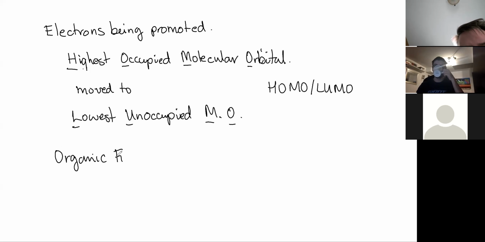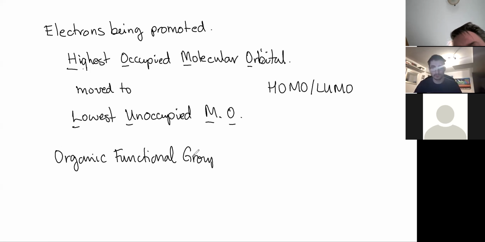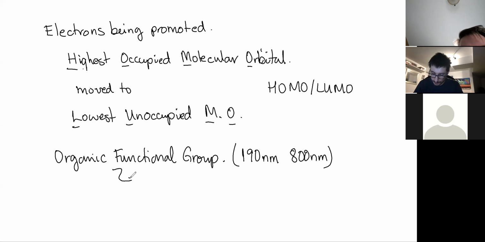What's interesting is that in organic chemistry, most organic functional groups fall outside the range we're looking at. The range is basically between 190 nanometers and 800 nanometers.